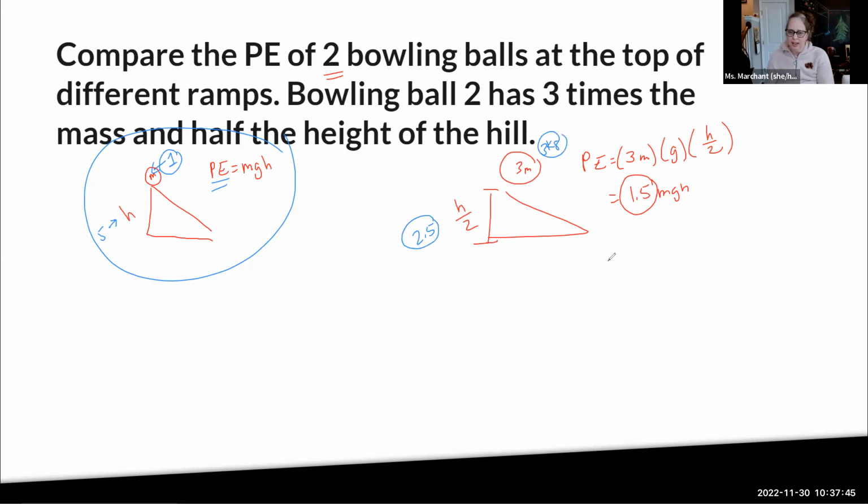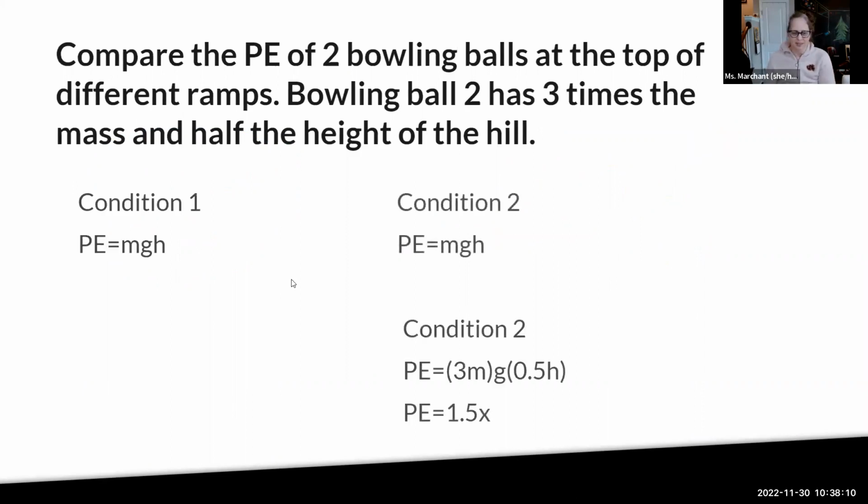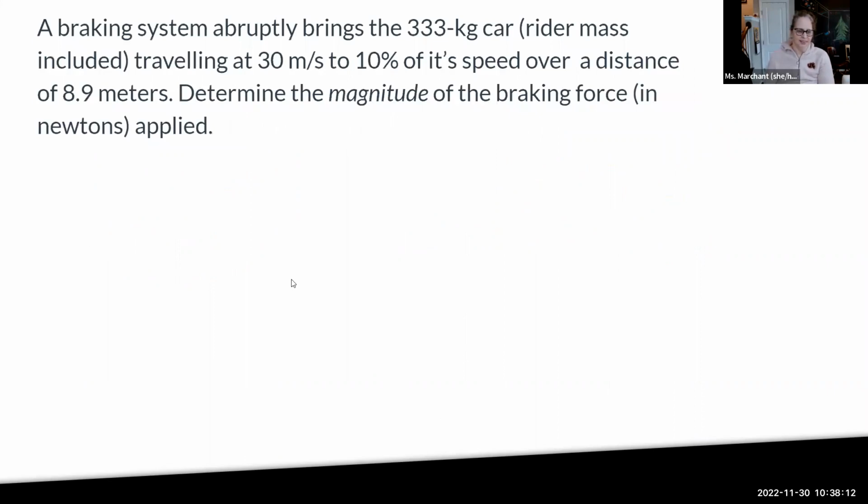And then find the answer this way. 3 times g times 2.5, and then compare your results. When you compare your results, see which one is bigger and by how much, and you'll come up with 1.5 times again. But don't freak out when you see those algebra ones if you're not strong in algebra. Just put in fake numbers to get your answer.